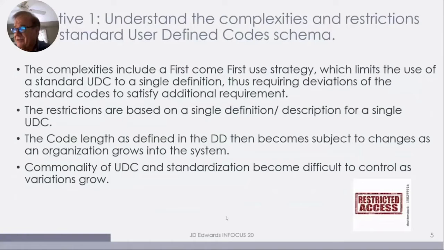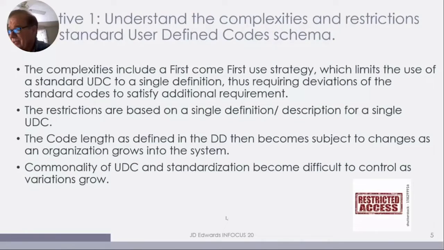Sometimes the code length as defined in the data dictionary becomes subject to change as an organization grows in the system. User-defined codes do not become large enough when you have smaller defined codes, such as a 2-character or 3-character code. Organizations then wish to change the definition in the data dictionary to increase the code length so that they can use a single code but add either a prefix or suffix to that code.